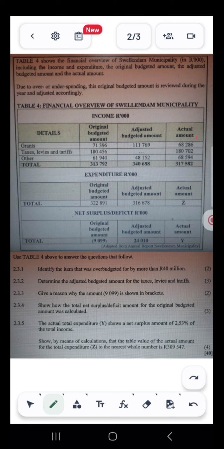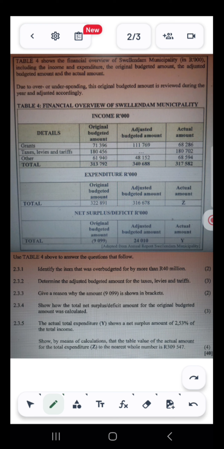Now the actual amount that they received, the actual income, because budgeted income, budget means something you are expecting, it's an estimation. They had budgeted 71 million, and then in the course of the year they adjusted their budget according to whatever needs, and they thought, okay, we'll get 111 million. But their income at the end of the year, when they got the actual income, grants were actually 68,286,000.